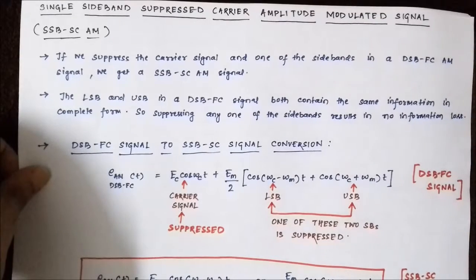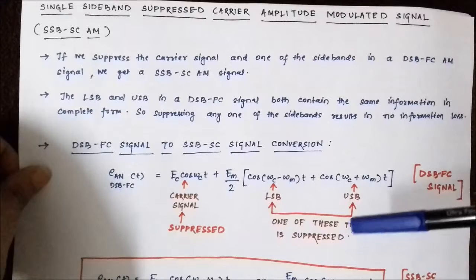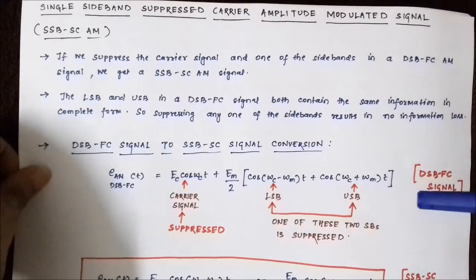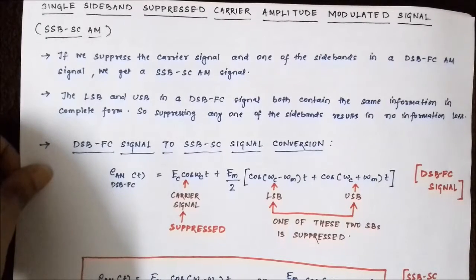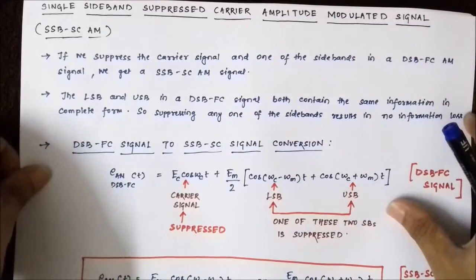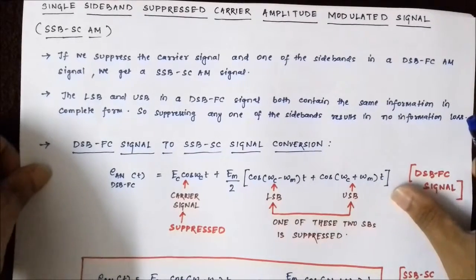So why not transmit only one of the sidebands, because it contains the entire information in complete form, and save the precious bandwidth or frequency range of the channel, which can be used for other transmission purposes. For that purpose the single sideband suppressed carrier transmission method is preferred.